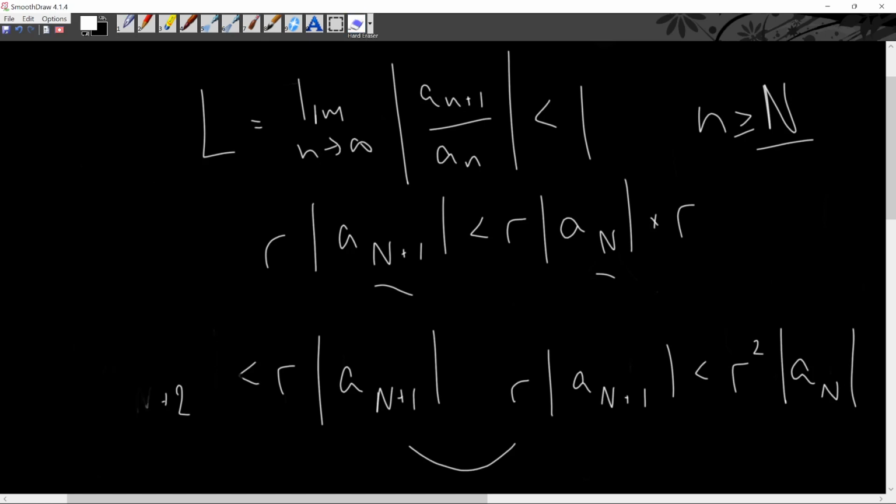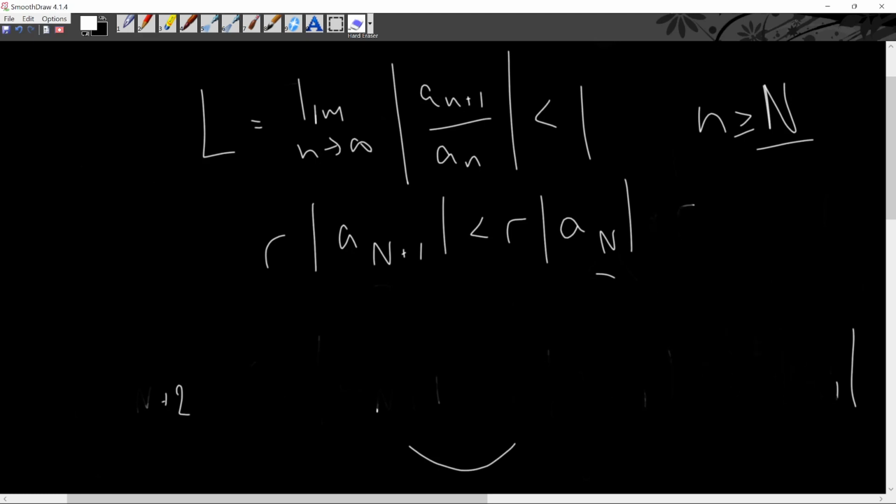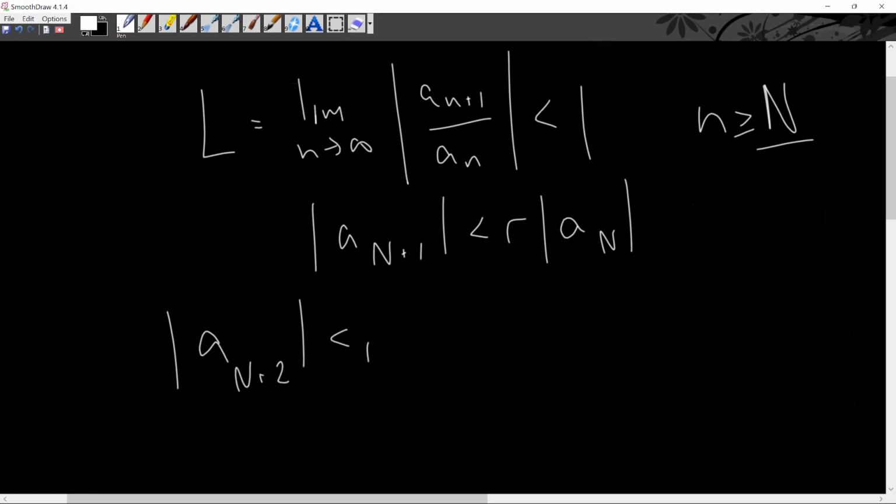inequalities. So let's just write down our thought processes so far. We have a sub N plus 2 is less than R times a sub N plus 1, which is less than R squared times a sub N, right?